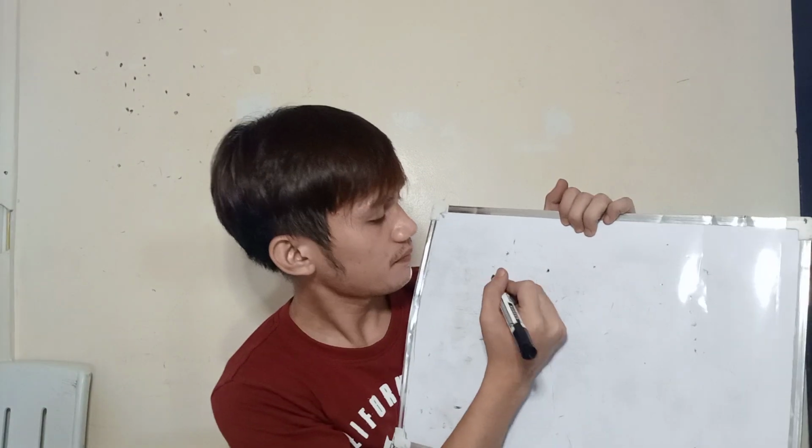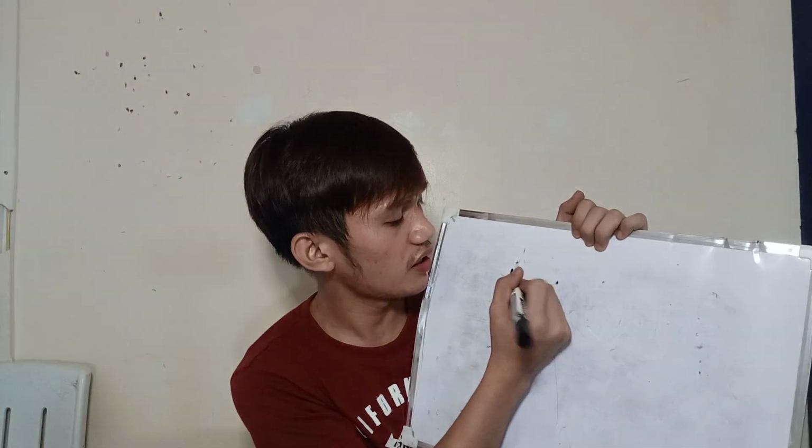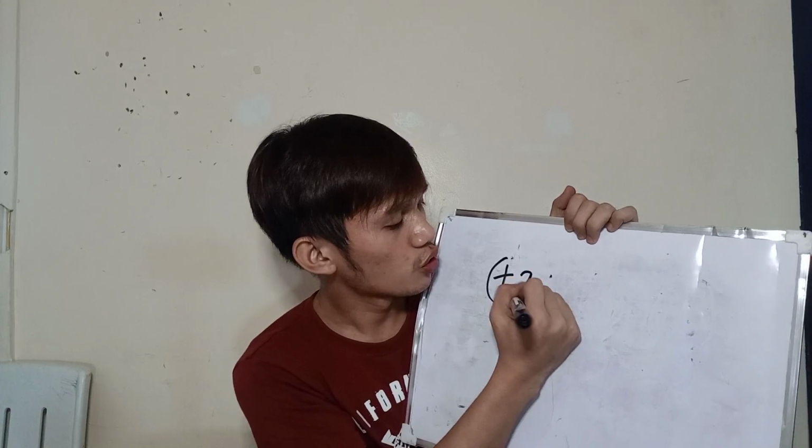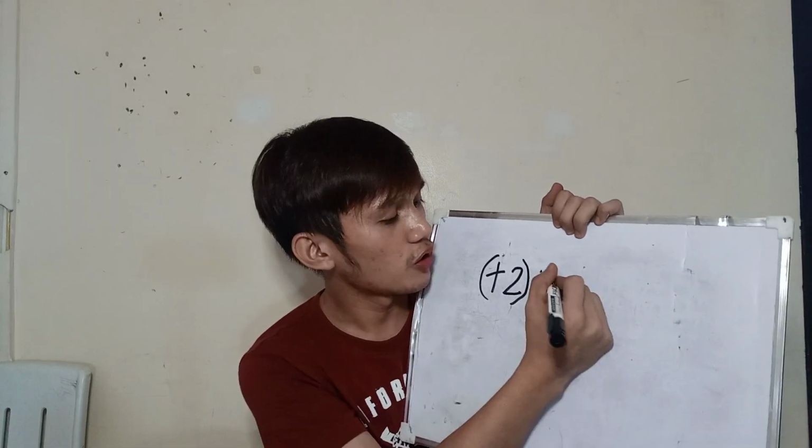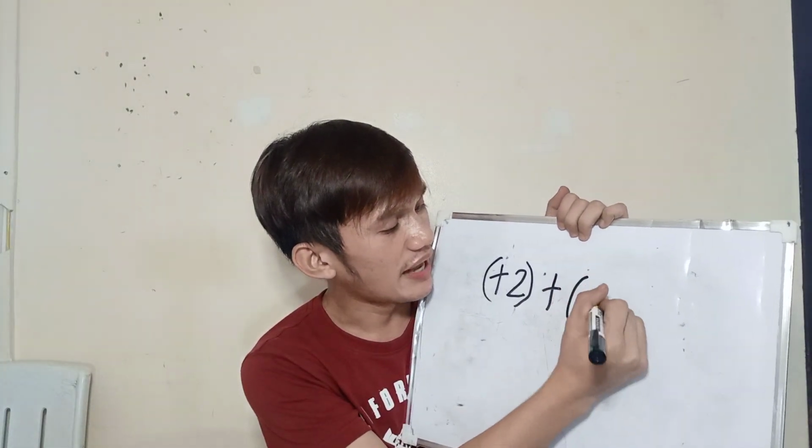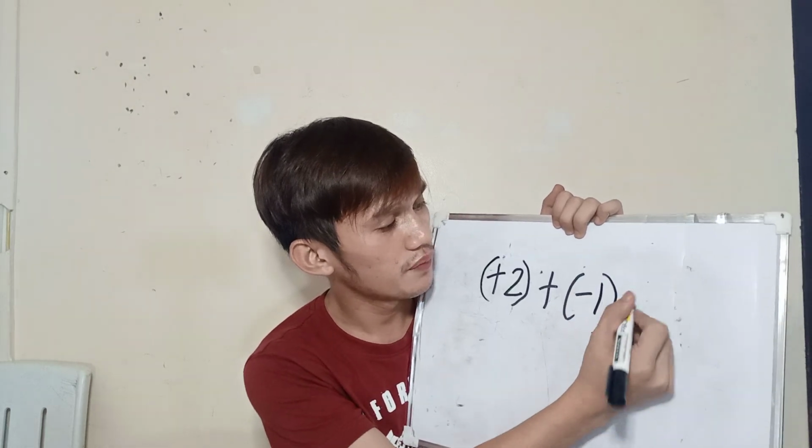Now, let's proceed to the song. According to the song, same sign, add and keep, different sign, subtract. So if we have different signs, you simply subtract. Let us have different signs. One positive number like 2, and then you add to it a negative 1.